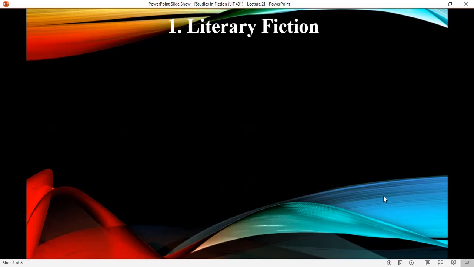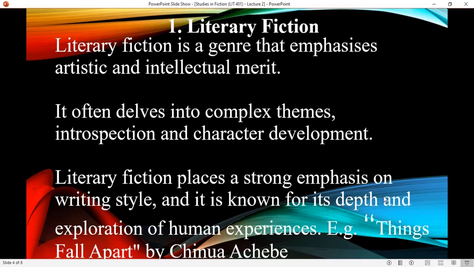The first one is literary fiction. When we say literary fiction, we are talking about the genre of fiction that emphasizes artistic and intellectual merit. It's talking about themes, issues, character development, general issues about literary works.